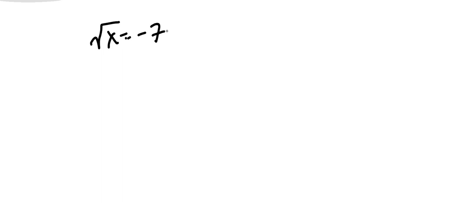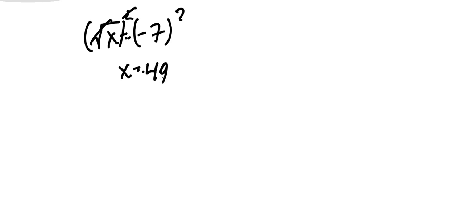Well, let's just solve it. Just square both sides. The roots are going to cancel. X is going to equal, well, negative 7 to the second power is just 49. But when we plug this in, we have the square root of 49 is equal to negative 7. And this is wrong, because square roots can't produce negative values. So this equation has no solution.